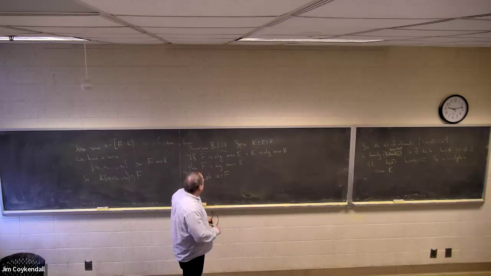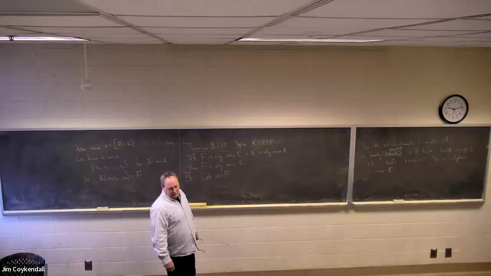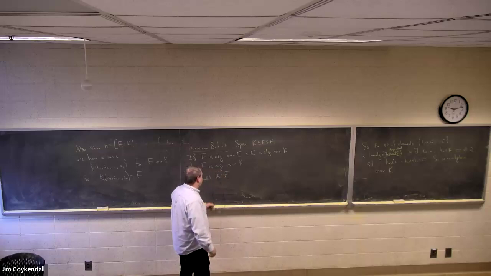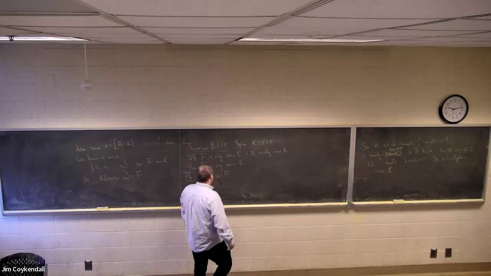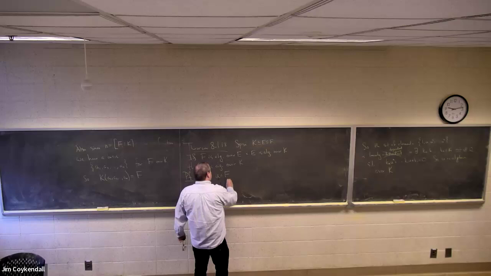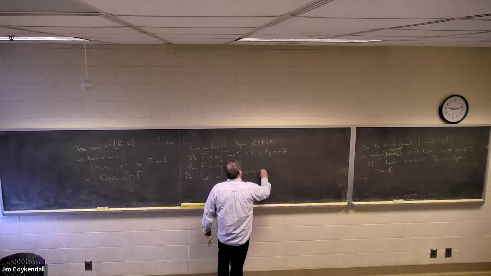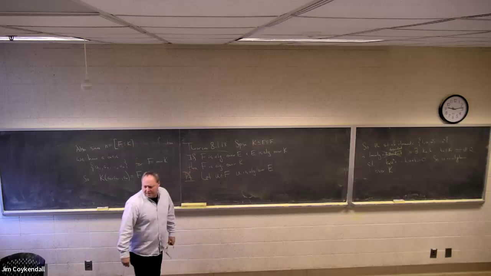Now, getting a polynomial, as I alluded to before, is difficult, right? It's not impossible to do. And I'll give you an example. Anyway, so let U be in F. We know that U is algebraic over E. All right.